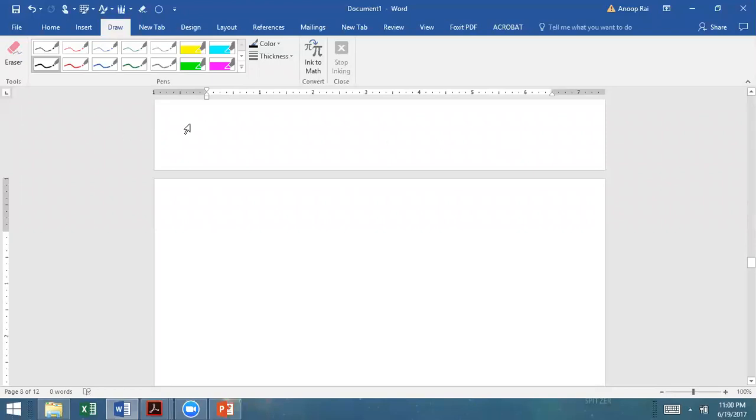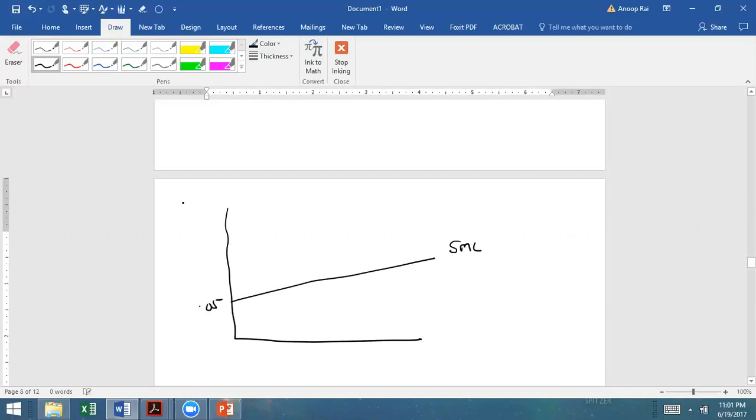Okay, so I'm going to do another example, another diagram here again, as I said. So let's start with this. Let's say I redraw the line for the security market line, SML. This is 0.05.